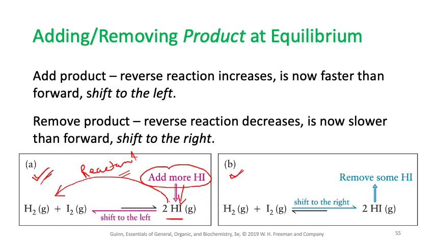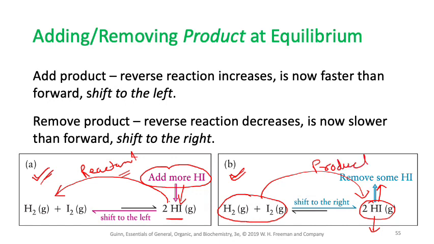Let's go to the second scenario where you're removing the product. If you're removing the product, you're decreasing the concentration of this product in a chemical equilibrium. So now the reaction will try to counterbalance this effect of removing the product by making more product, right?